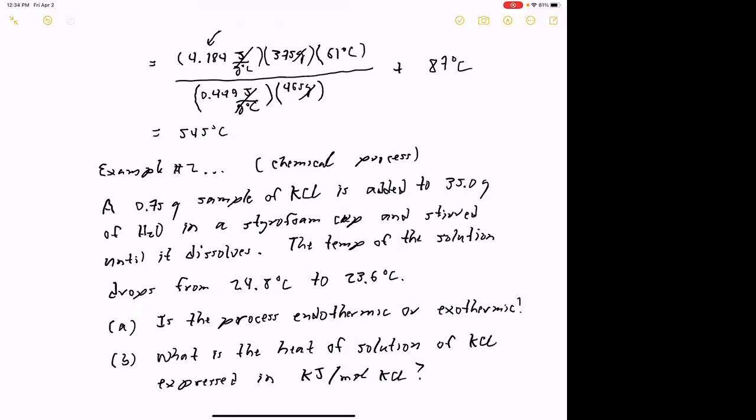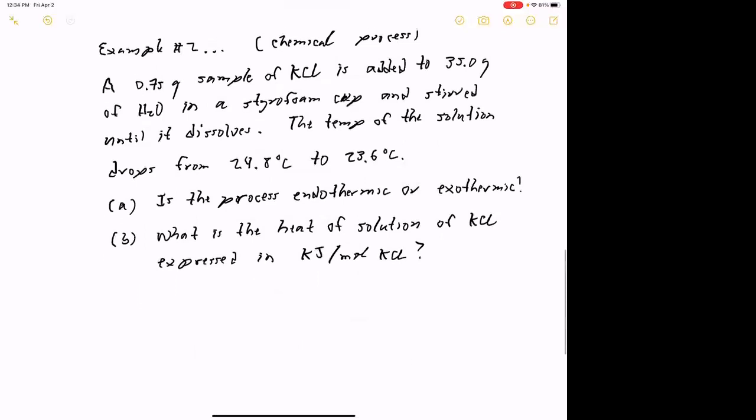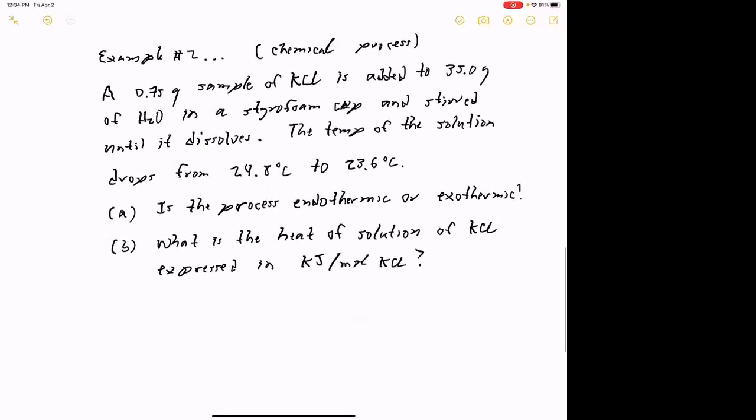Okay, so let's look at another situation here, guys. We could also do a calorimetry experiment for a chemical process. This could be something like a chemical reaction or a dissolution or something like that. And that's what's going on in this situation. All right, so what we've got is a 0.75 gram sample of potassium chloride, which is just a salt.